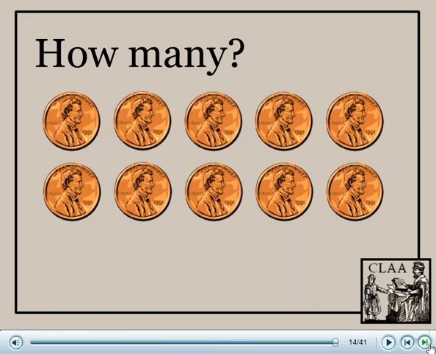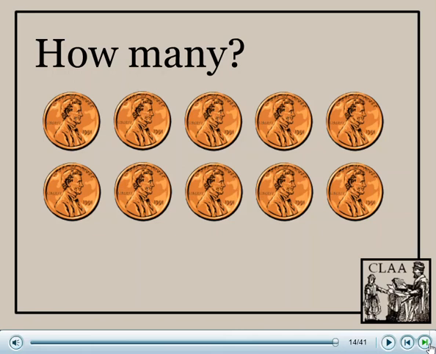Let's practice here. How many pennies do you see on your screen? Point and count each penny with me. 1, 2, 3, 4, 5, 6, 7, 8, 9, and what's next? 10.